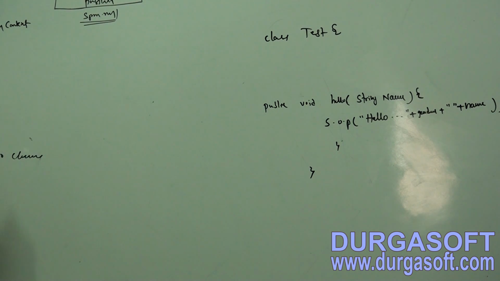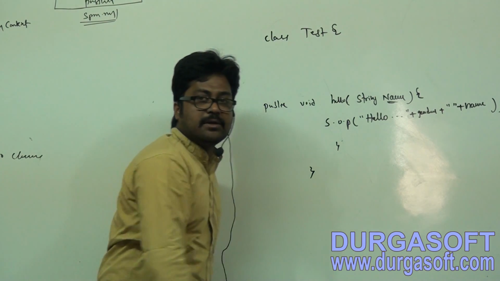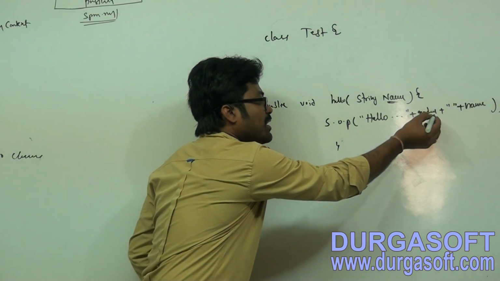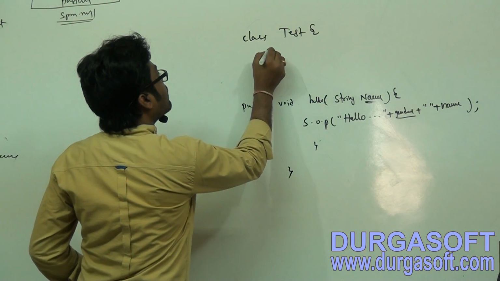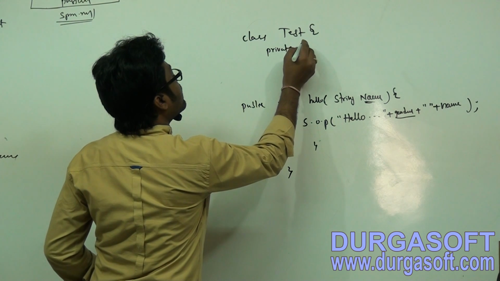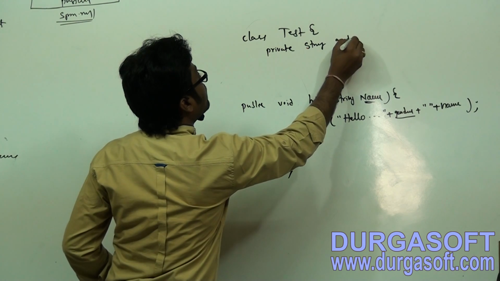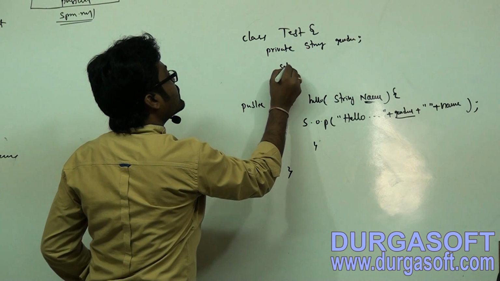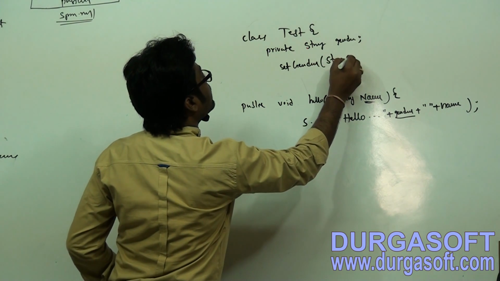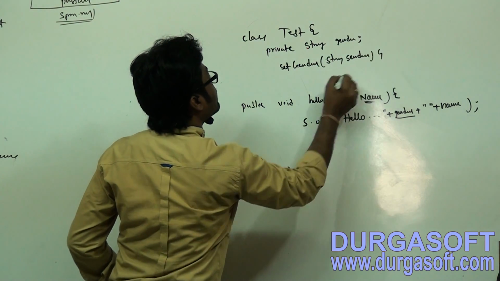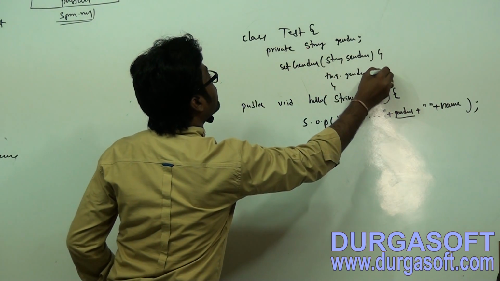That gender data I want to pass through the XML file, and the name needs to be passed by the user, right? The user needs to pass his name input. This gender input I want to pass through the Spring XML file. So here I'll take one class instance level variable, private string gender, and write one setter method, setGender(String gender), this.gender equal to gender.